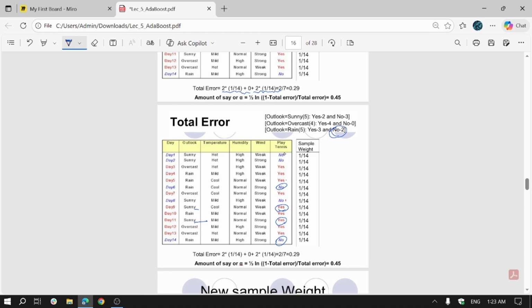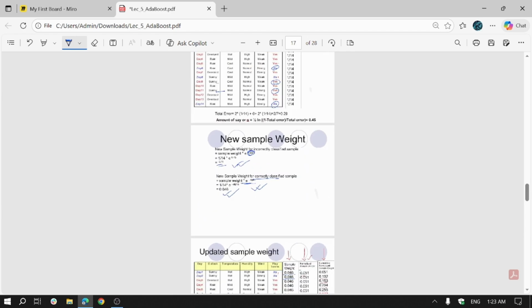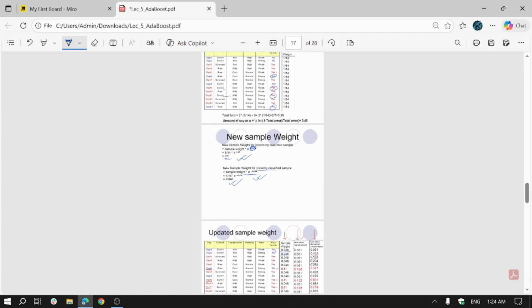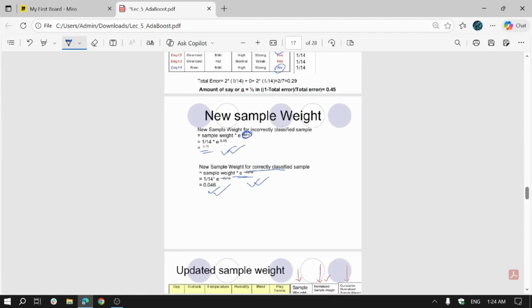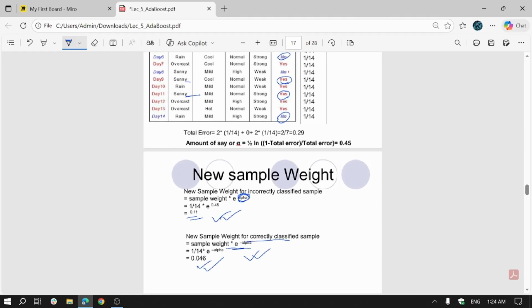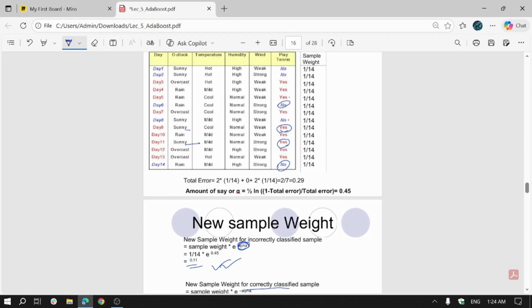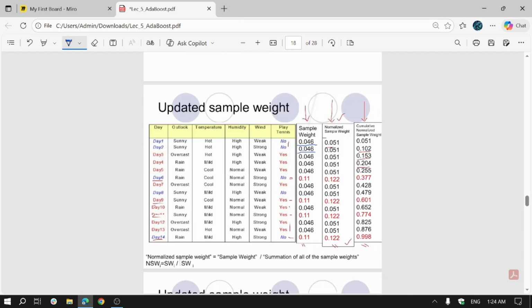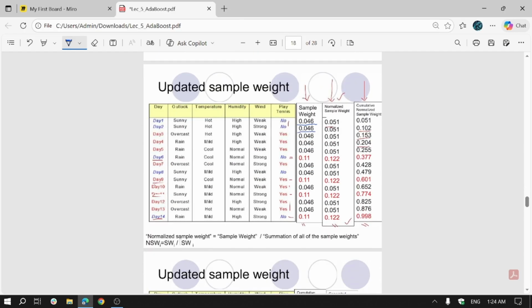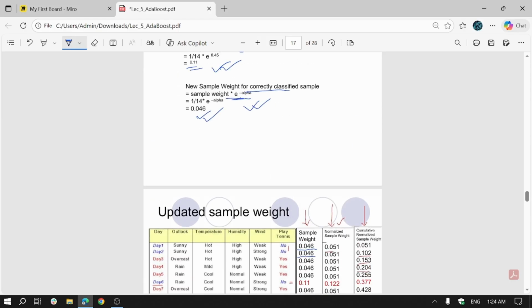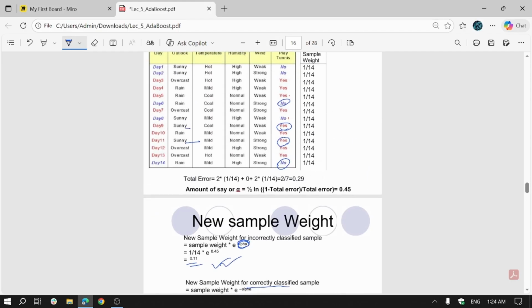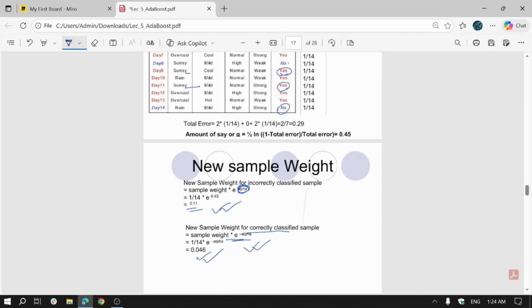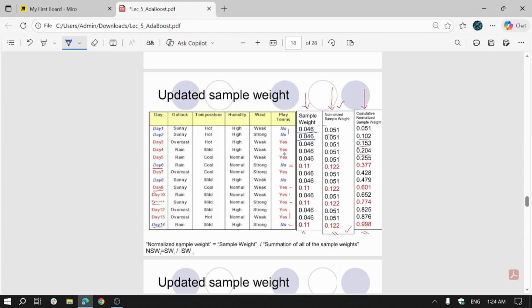So let's see, is it true or not? Here you can see day 6 is misclassified data. Then day 9, day 11, and 14.